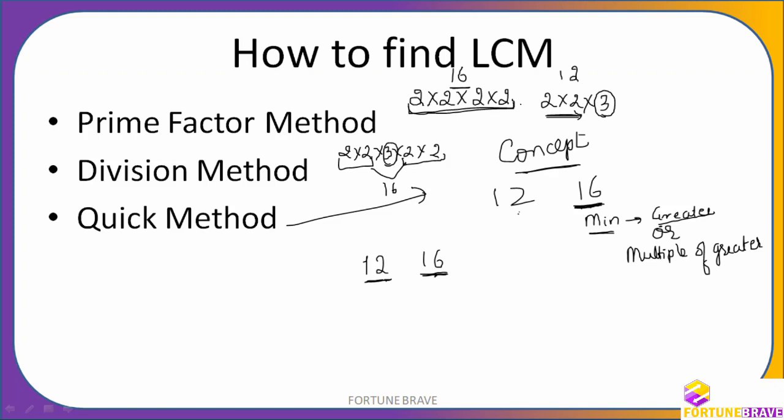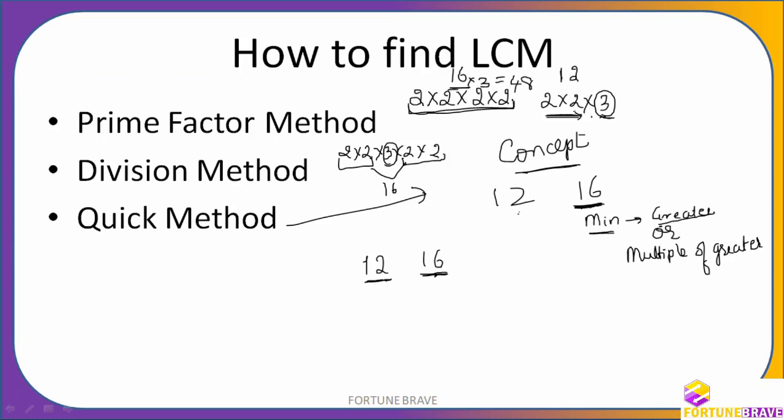This is how we will start to understand the language. The prime factor which is not there in 16, we have to multiply with that number. Then we will get the LCM.